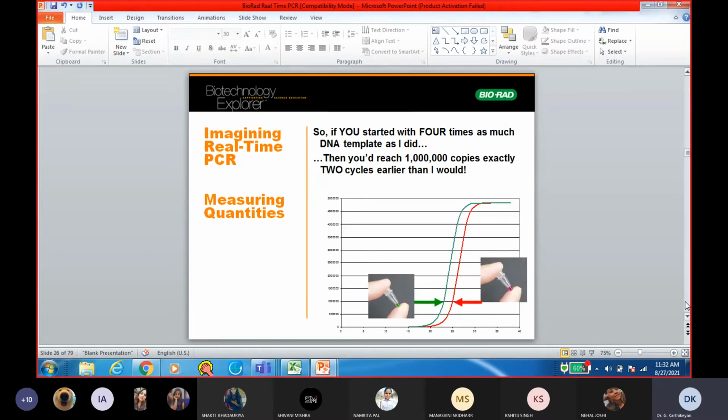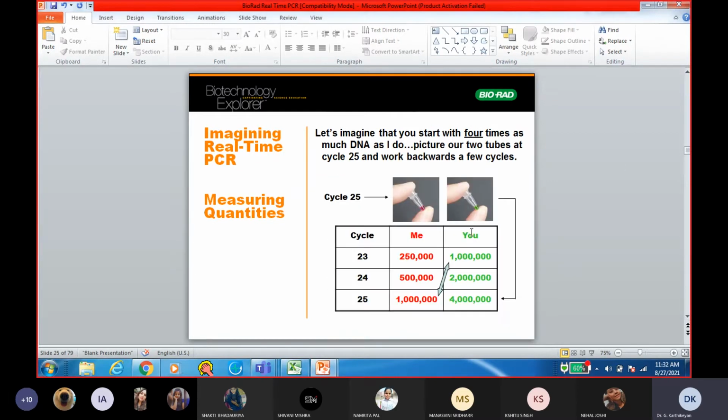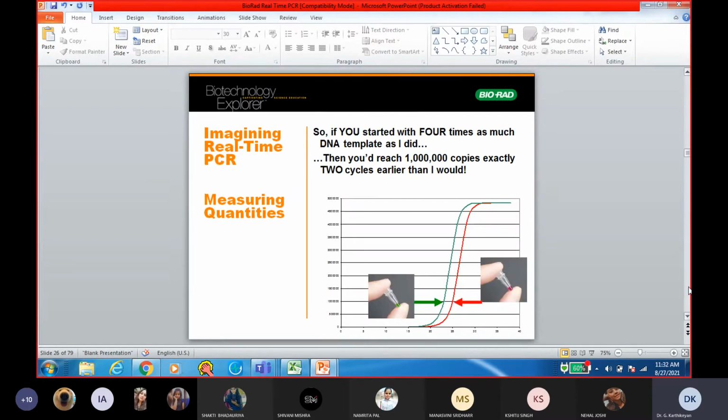If you were to plot a graph of these two, the green and the red, on an Excel sheet, you will see a graph that looks very similar. You will still have a sigmoidal graph.